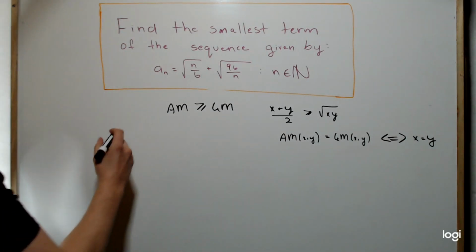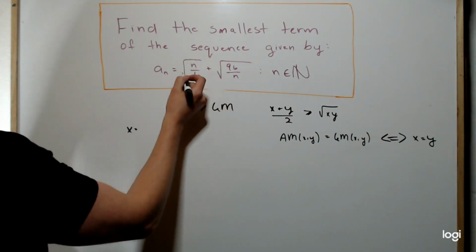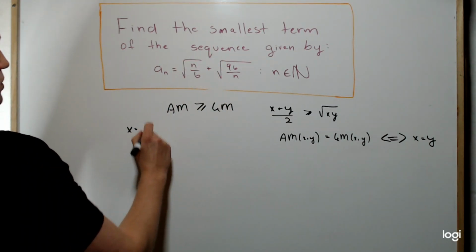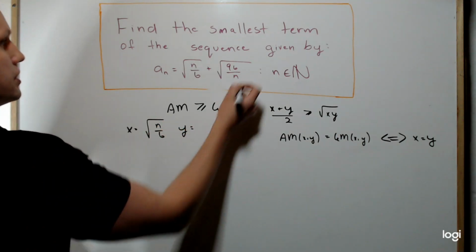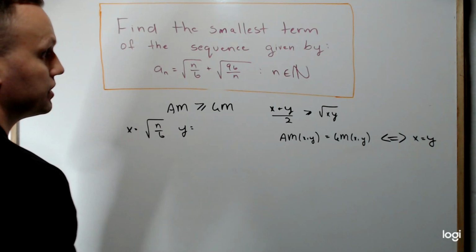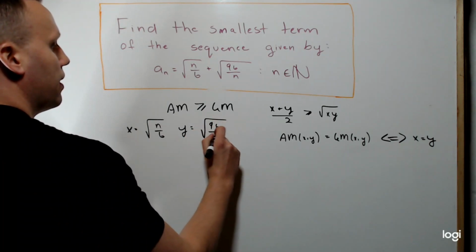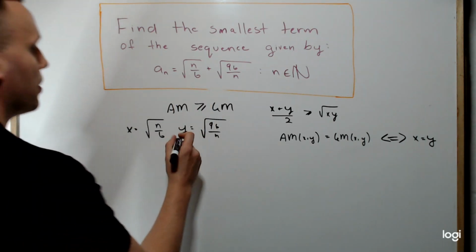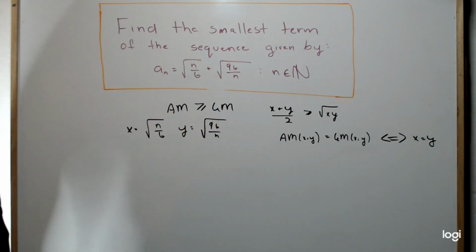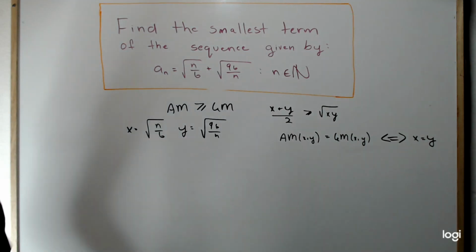If we let x equal the first part of the nth term of this sequence, the square root of n over 6, and y equal the second part of the nth term of the sequence, the square root of 96 over n. Now n is a natural number here, so everything's staying positive, so we can use the theorem. And let's start by looking at what the geometric mean of x and y is.